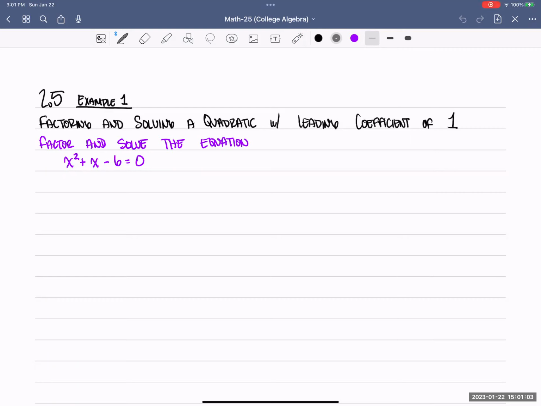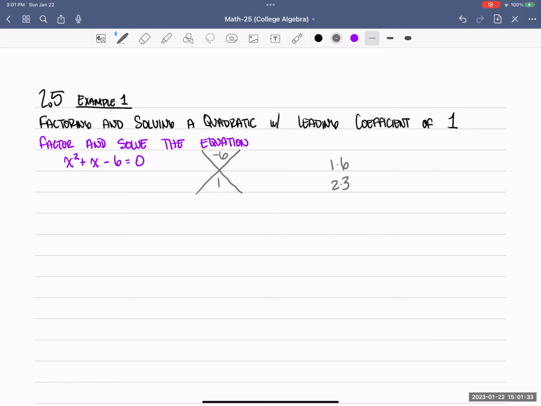So what we're looking at is two numbers that multiply to -6 but add to +1. With this star method, you draw an X. Looking at factors of 6, we have 1 times 6, 2 times 3, 3 times 2, which we already have that combination.